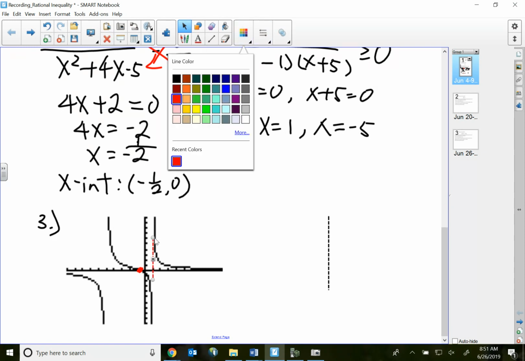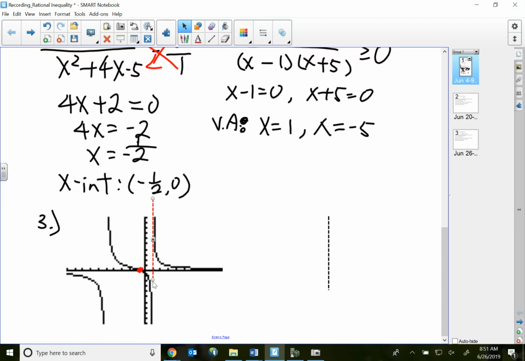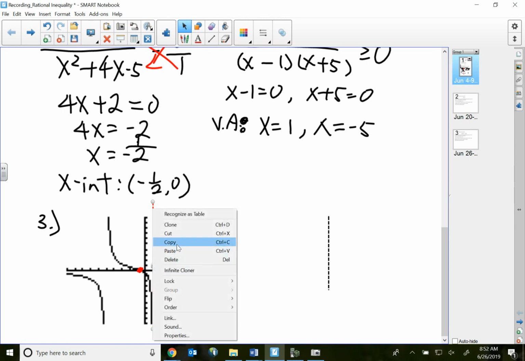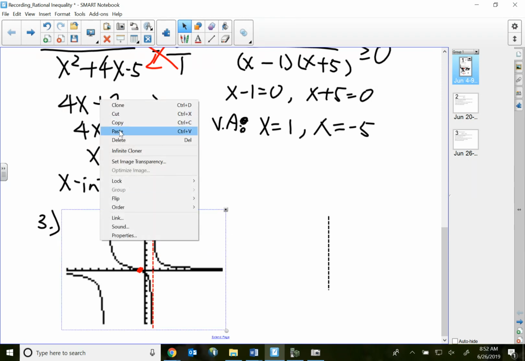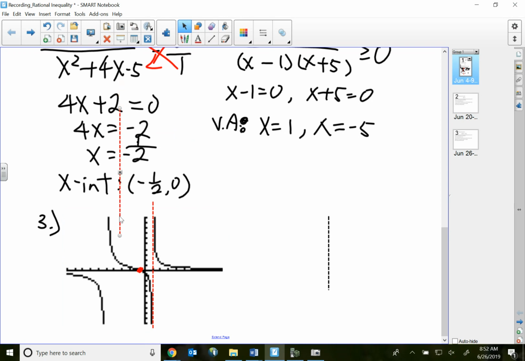Let me do red. x equals negative 5: 1, 2, 3, 4, 5. This part right here. And I'm going to purposely label them as well: x equal to negative 5 and x equal to positive 1.